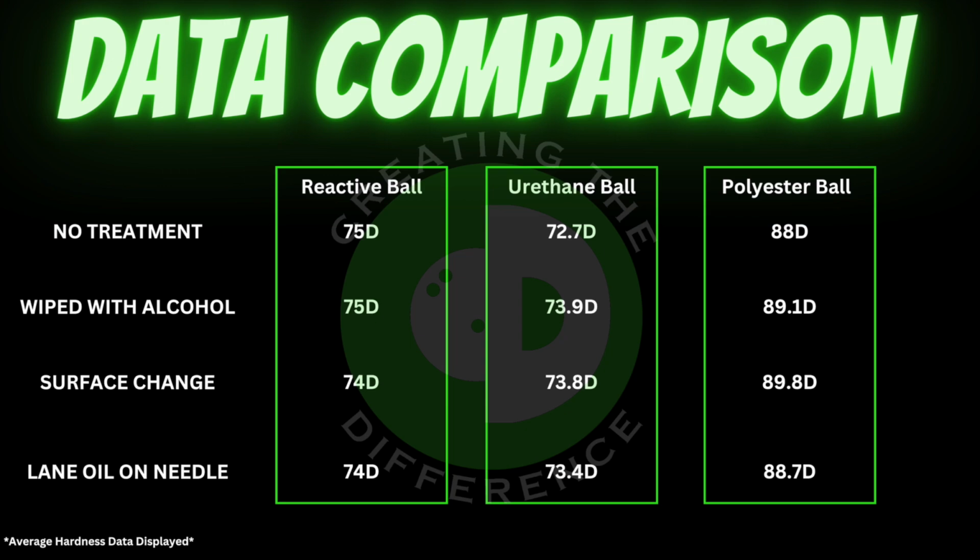Finally, moving on to the lane oil, the reactive ball went down 1 point. The urethane ball went up 0.7 points, and the polyester ball went up 0.7 points. So when we take a look at this data, it's important to understand that lots of different variables can affect hardness.